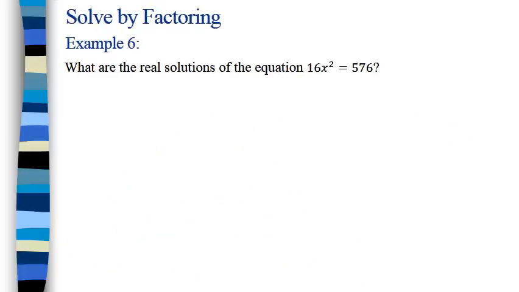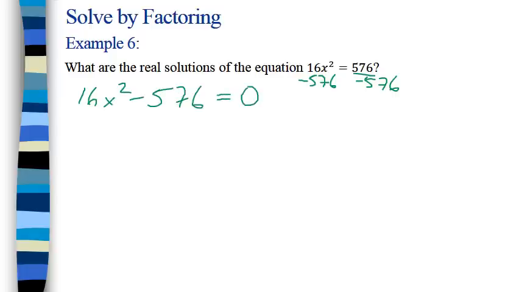One more time, we notice again that we have to set everything equal to 0, so we're going to subtract 576 from both sides. So we end up with 16x squared minus 576 equals 0. We don't have any greatest common factor, nor do we have a trinomial, but we do have a difference. And so we check that 576 is indeed a square.